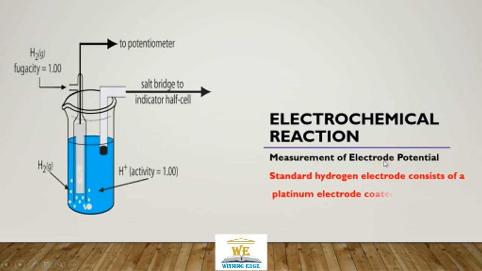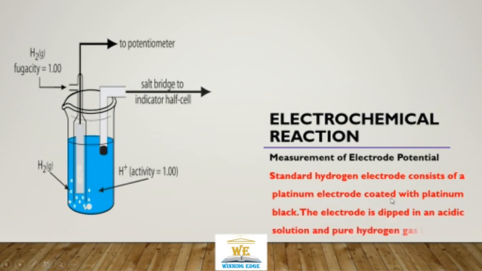Next is measurement of electrode potential. The standard hydrogen electrode consists of a platinum electrode coated with platinum black. The electrode is dipped in an acidic solution and pure hydrogen is bubbled through it at 1 atmosphere pressure. Fugacity 1 means, for a gas, bubbled through at 1 atmosphere pressure.